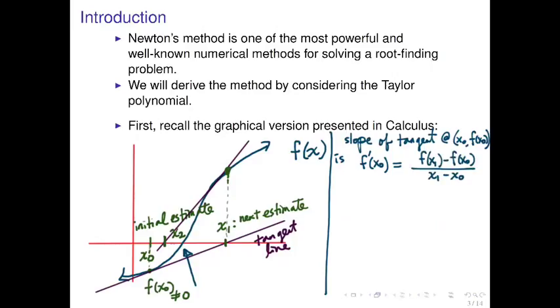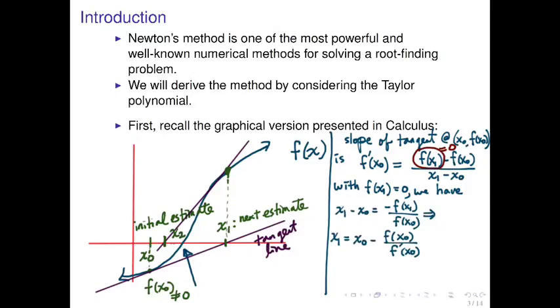Since the next estimate is obtained by assuming that its function value is 0, because that's where the tangent line intersects with the x-axis, we have f of x1 equals 0. With that, we have a simplified expression, x1 minus x0 equals negative f of x0 over f prime of x0.